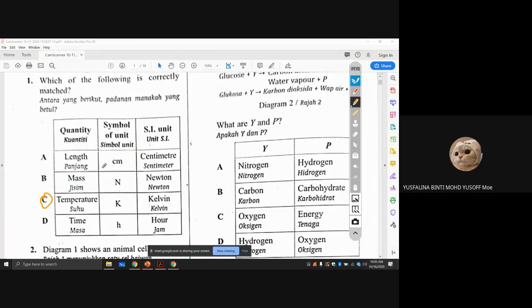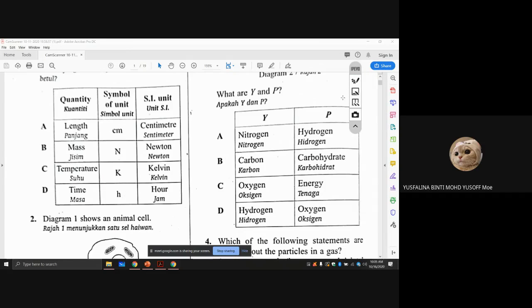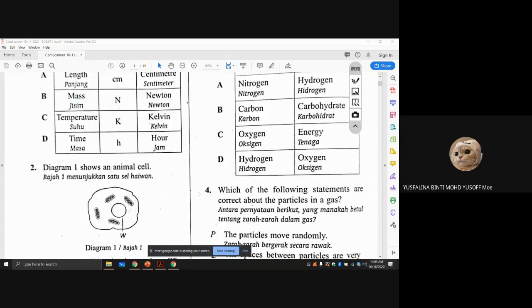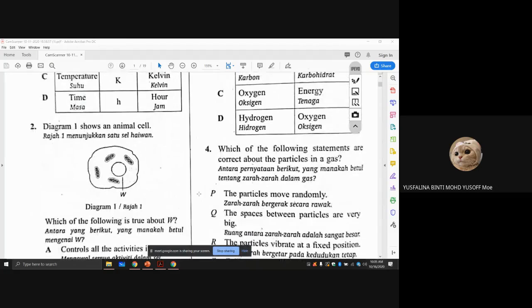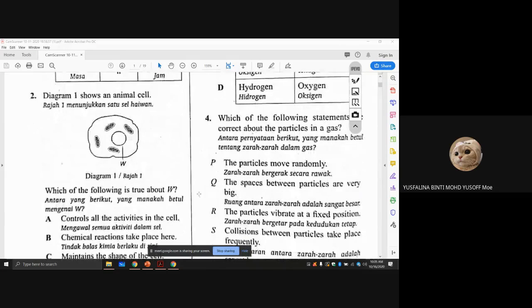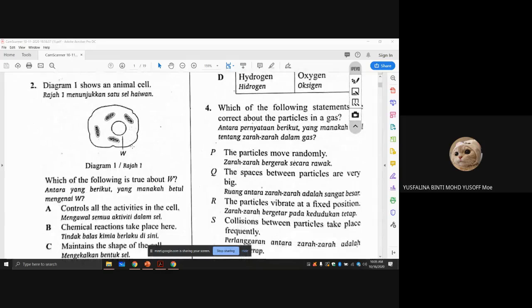All right, for number 2. Diagram 1 shows an animal cell. Which of the following is true about W? W is pointed here.